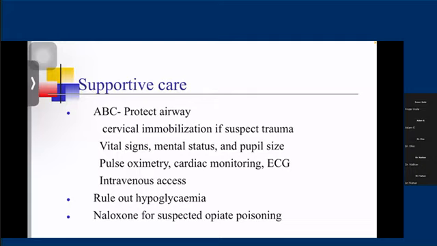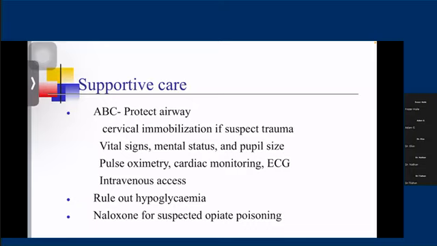So the patient can present with a compromised airway. The patient can have multiple vomiting, can aspirate and asphyxiate, and can die because of hypoxia. So always the first step in management of poisoning is securing and protecting the airway.